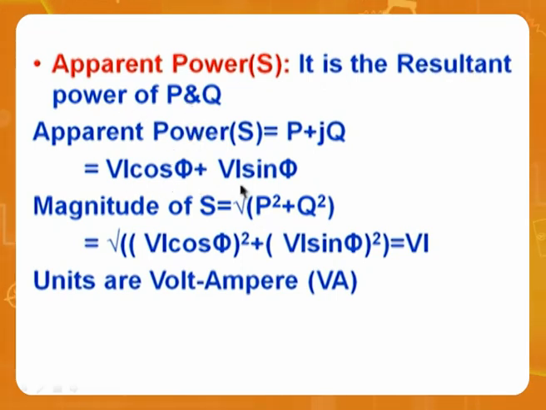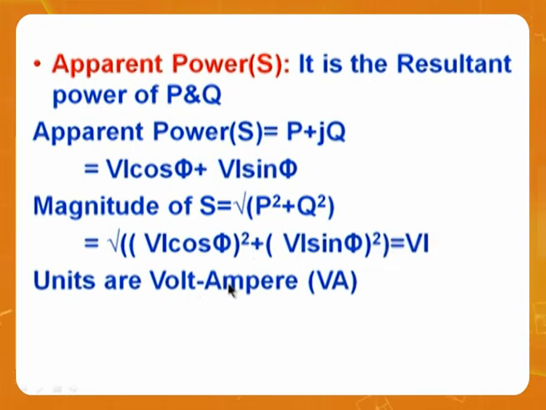Suppose Vi cos phi plus Vi sin phi, if you put the j there, you have both powers. Then take the magnitude, square root of P squared plus Q squared. You will have Vi cos squared phi plus Vi sin squared phi. Cos squared plus sin squared becomes 1, so it is Vi.